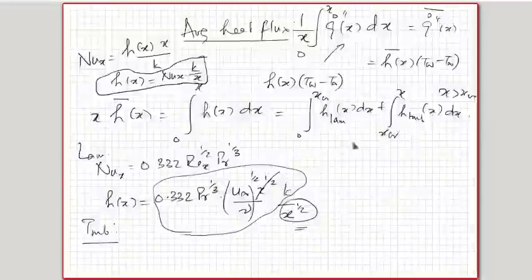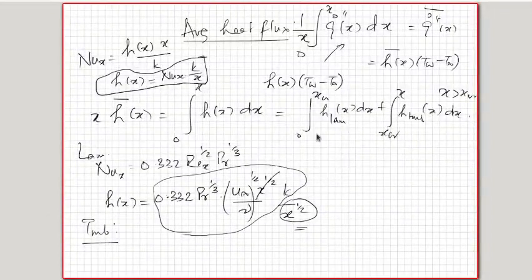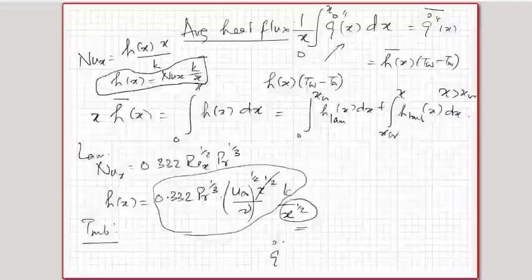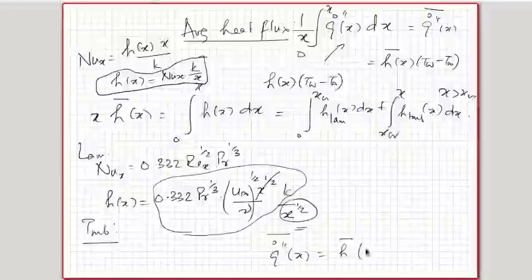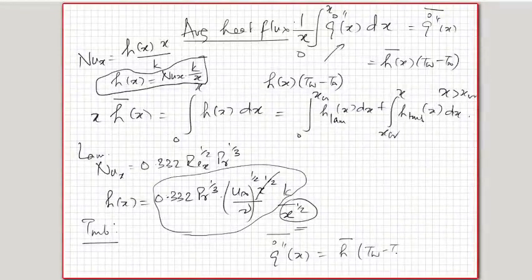Okay, so that is how you calculate the average heat transfer coefficient. And once I have the average heat transfer coefficient, I can calculate the average heat flux at any x as h bar multiplied by T wall minus T infinity.